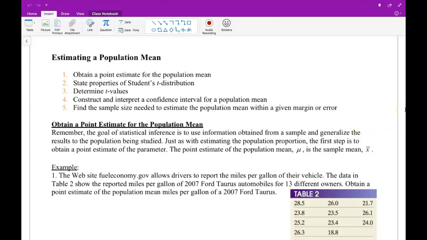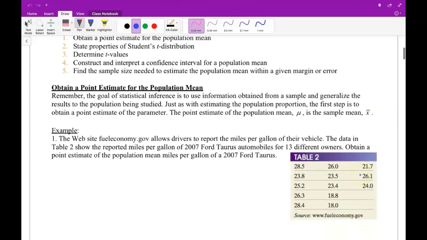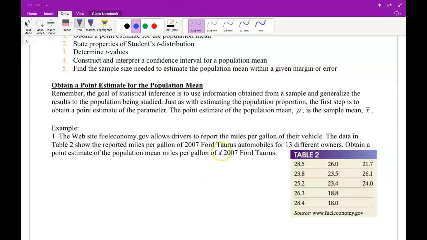Hello everyone, here is estimating a population mean. The point estimate of the population mean is the sample mean, shown with X bar.